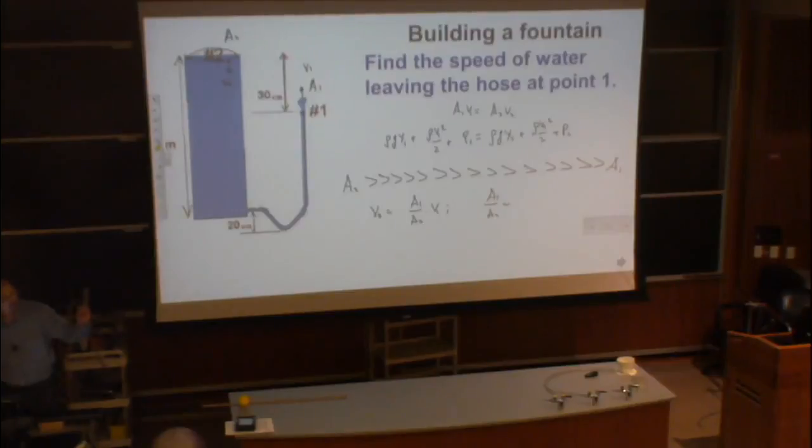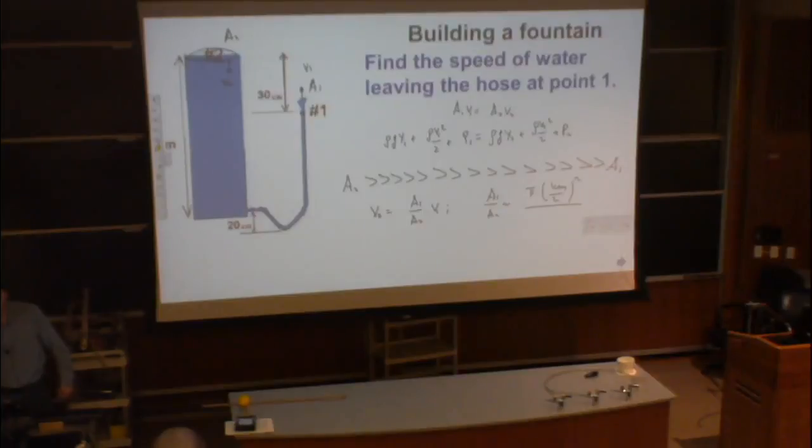For the hose, let's say diameter is about 1 centimeter: pi times (1 centimeter over 2) squared. And for a tank, let's say a large tank, diameter 10 meters.